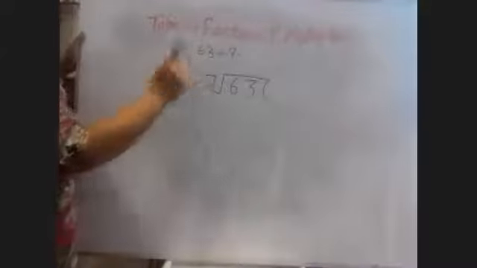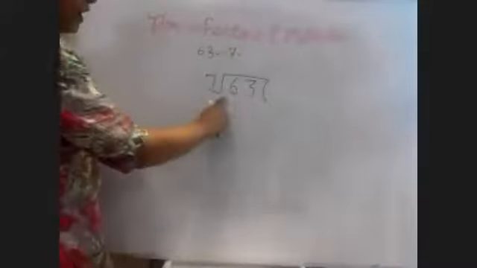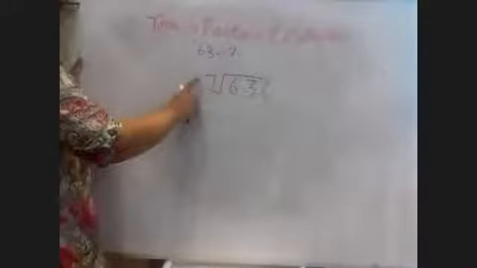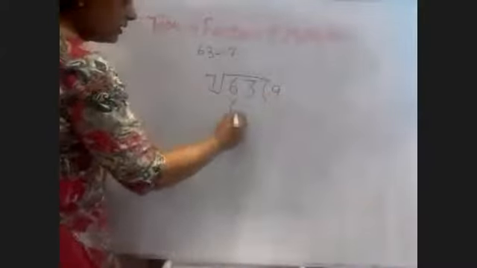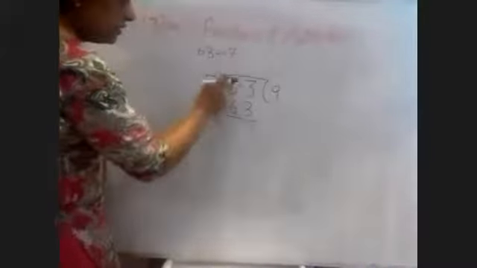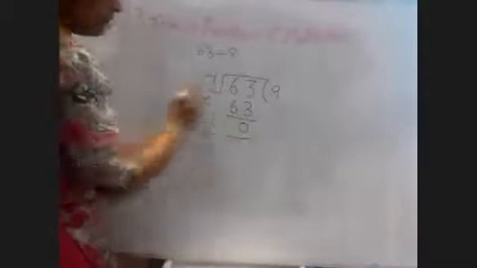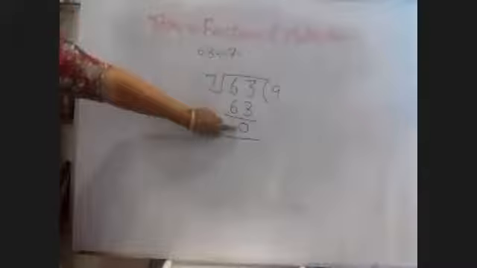The number which we are dividing, 63, is known as the dividend. Now 7 nines are 63, and 63 minus 63, your answer is 0. Now this part is the quotient and this is the remainder.